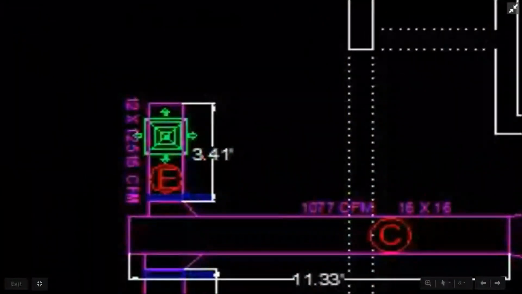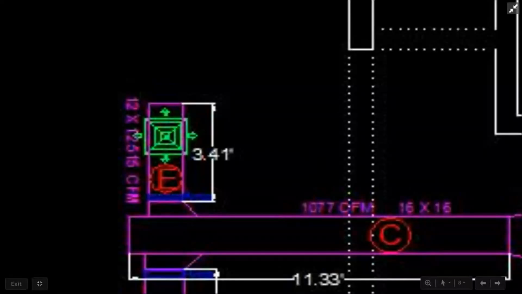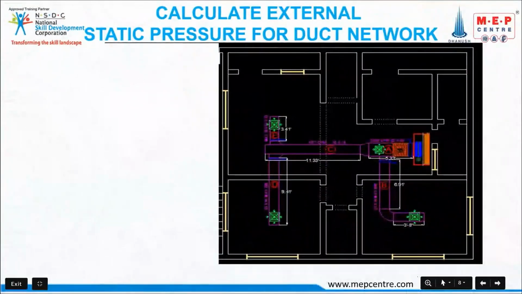Section E, 12 by 12, 515, and 3.41 feet is the length. So this is the drawing, and we are going to calculate the static pressure here. Just make rough notes.